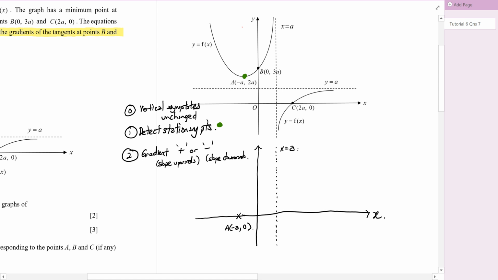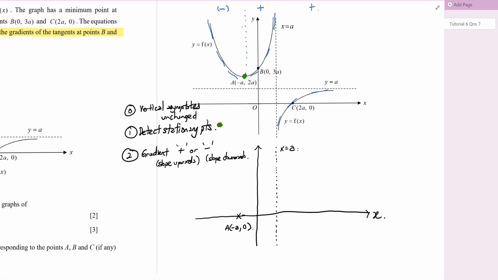For example, if you have your ruler and move from left to right, you can see that on this side the gradients are all sloping downwards. So I can safely say that here the gradient will be negative in value. On the other hand, this side is sloping upwards, so positive in value, and this side here is also sloping upwards, also positive in value.